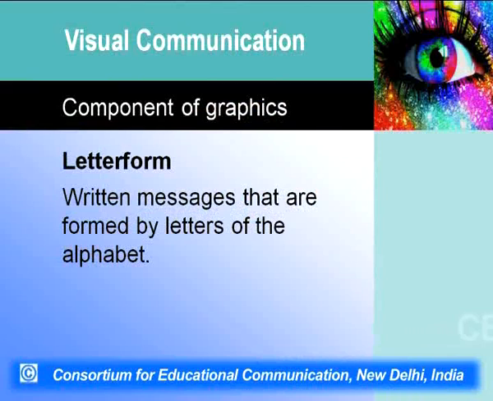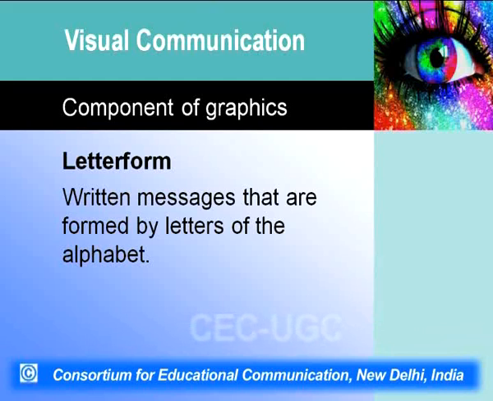There are three categories that can be identified in graphic art. One of the categories is the letter form, or the component of graphics. Letter forms, what are the letters?